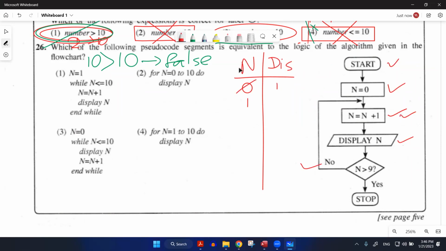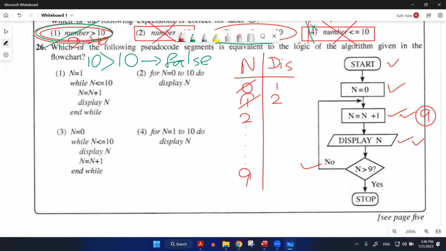Increase the value of n by 1. That means n becomes 2. Display n. This is 2. Right, so likewise, it's going to go until n becomes 9.